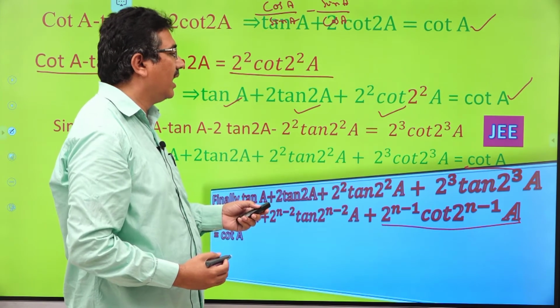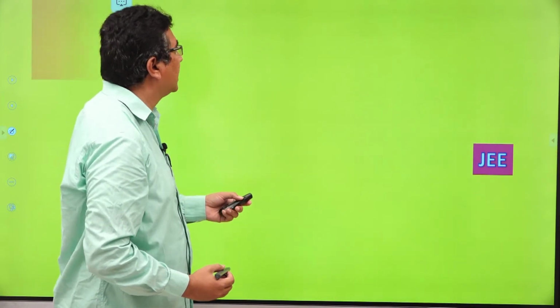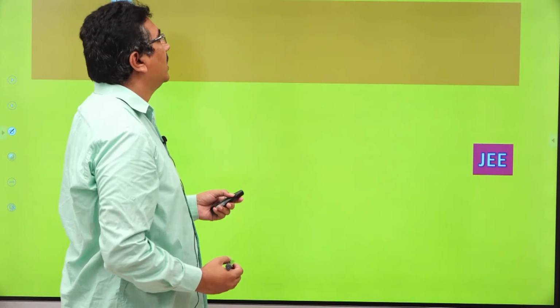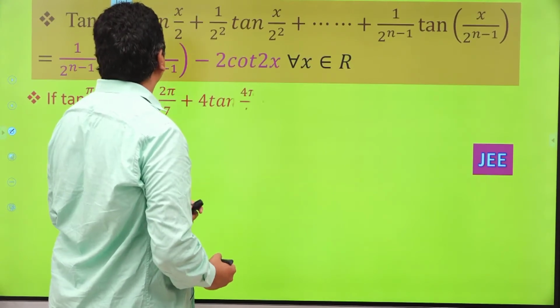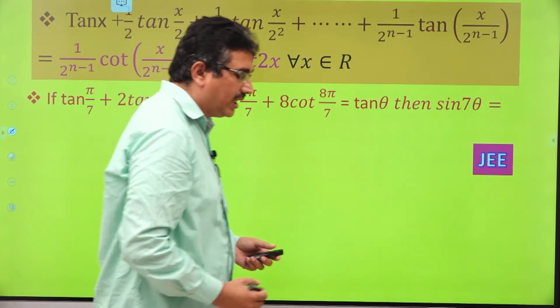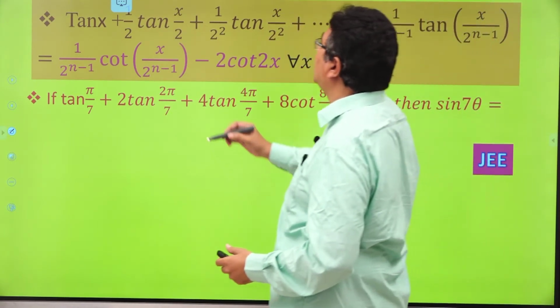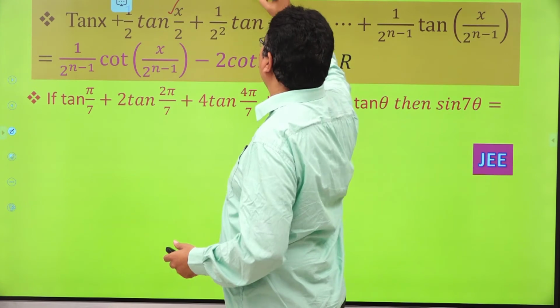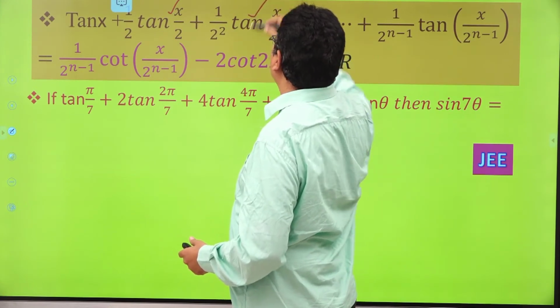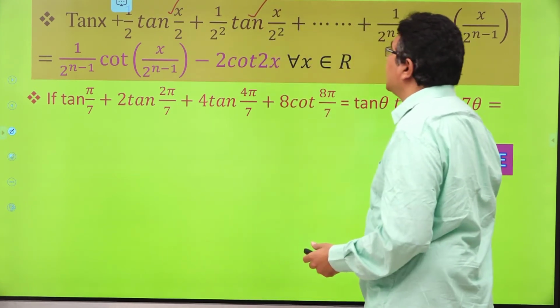Now from the result we derive another result, that is tan x plus 1 by 2 tan x by 2, plus 1 by 2 square tan x by 2 square and so on.